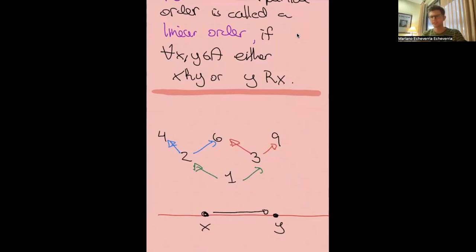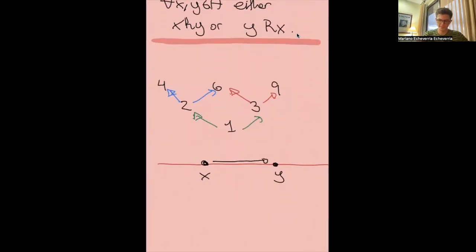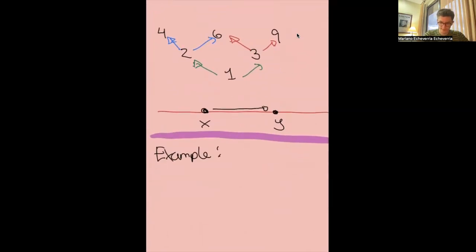And then just to give you another example before we move to something else, another useful example to keep in mind is between sets. Another example of an ordering relation: let's think of x and y as sets. Then you say that x is related to y if and only if x is a subset of y.